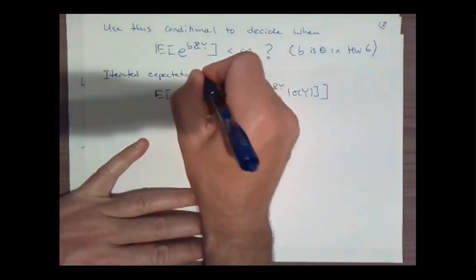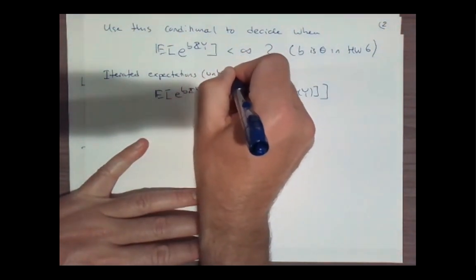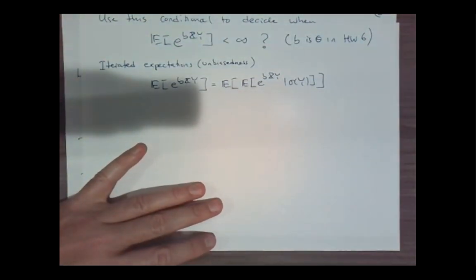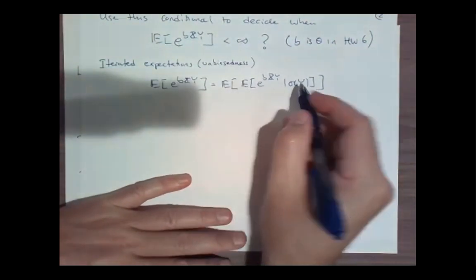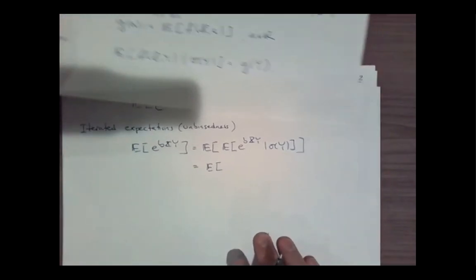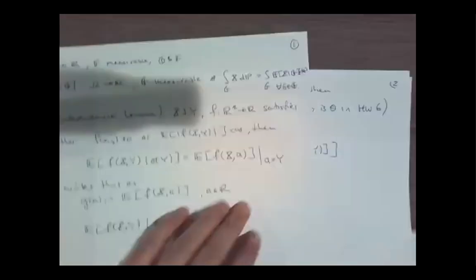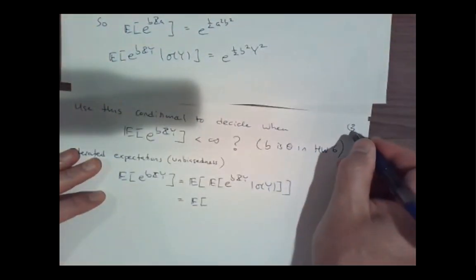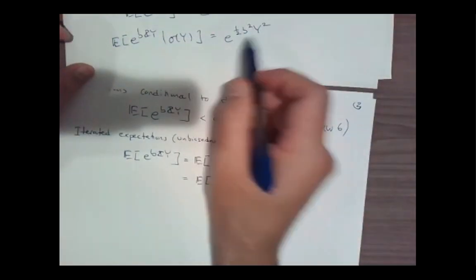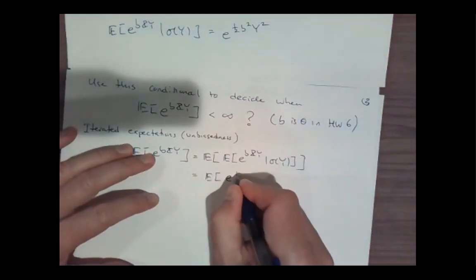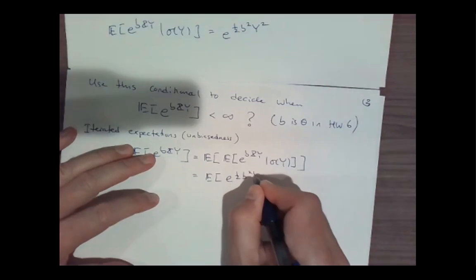This is iterated expectations, what we called unbiasedness. And now what I have in here is what I computed. So I'm left with an expectation of the last line on page 2, so this is page 3. We have this conditional expectation, that mess over here, and we're going to plug it in here: e to the 1/2 b squared y squared.